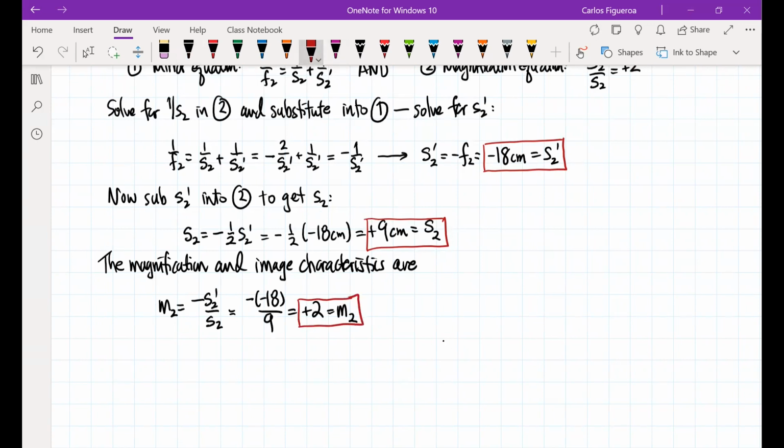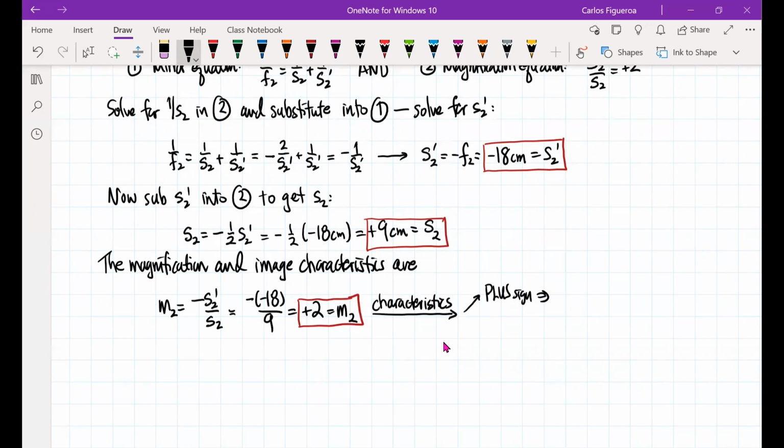So from this M2, I'm going to get the characteristics of the image. So what do I see here? Well, for starters, I see a plus sign.